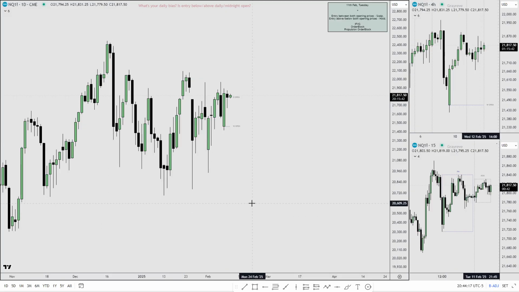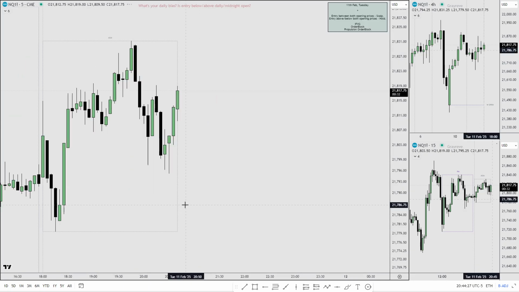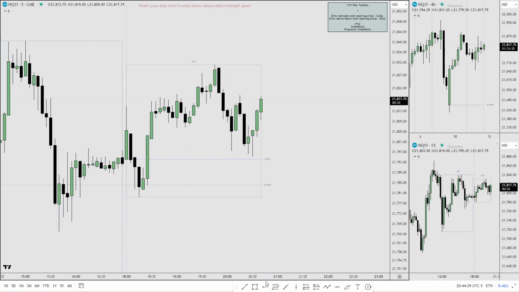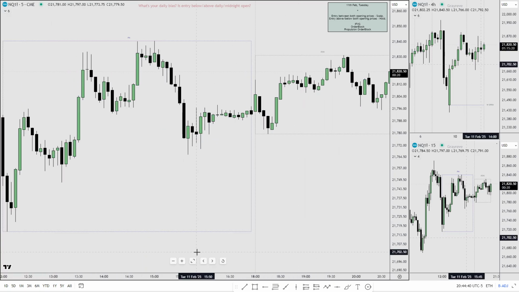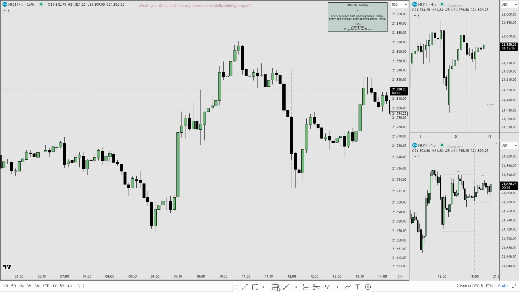Okay, so my entry is basically like this. Let me remove the indicators. Okay, so during the PM session yesterday, my entry was down here.